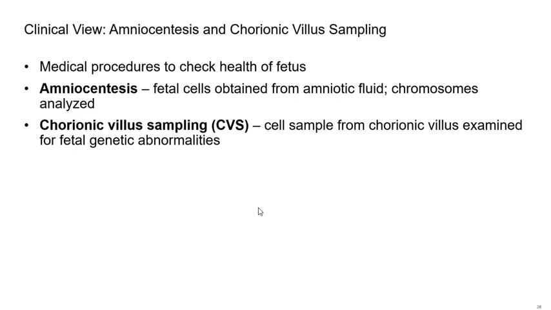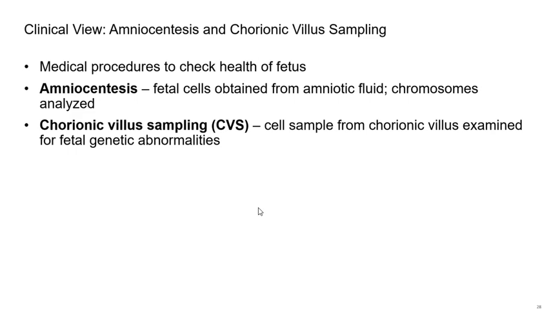Okay. Now, there are ways in which you can access some of this material. So access the chorion, access the amniotic fluid to do genetic testing, right? So to test for chromosomal abnormalities with amniocentesis, and to check for genetic abnormalities with chorionic villus sampling. But important things to note is that there are certain time restrictions on these.